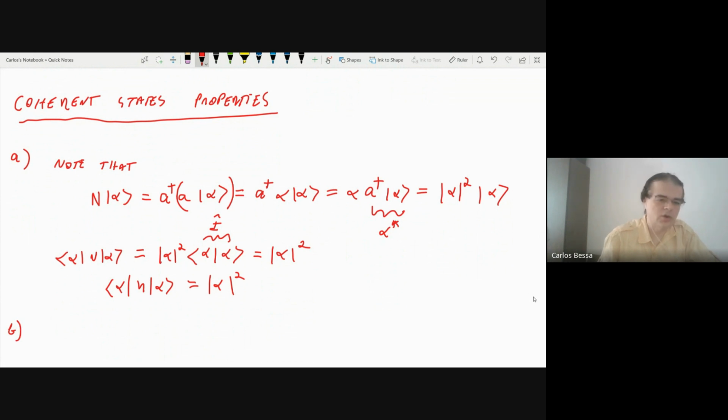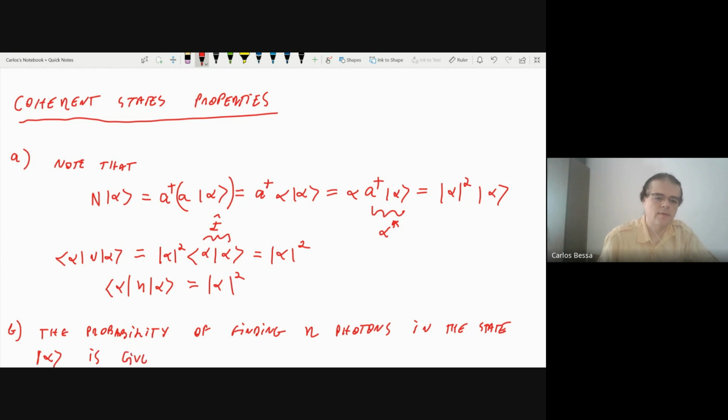Another property, as we commented before, is the probability of finding n photons in the state alpha.